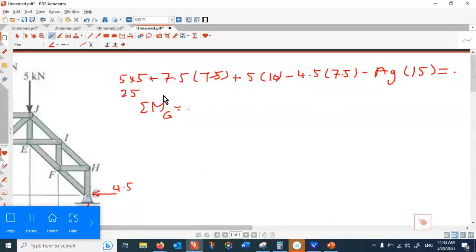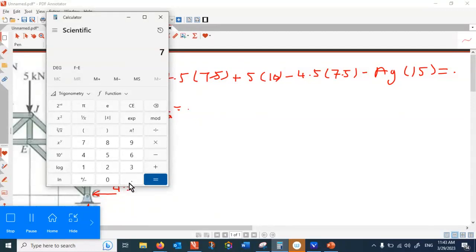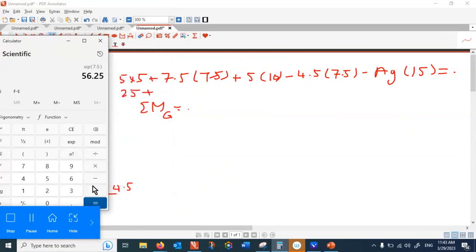So that is 25 plus 50 minus 4.5 times 7.5, divided by 15. That's 6.5. AY is equal to 6.5.